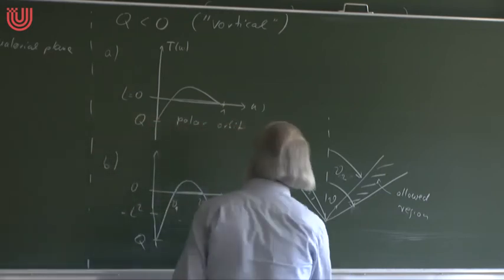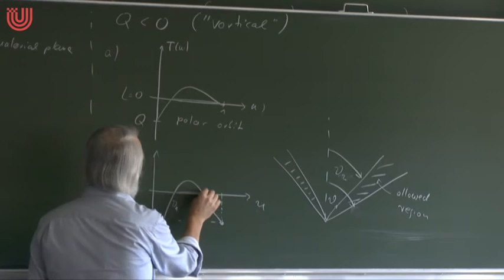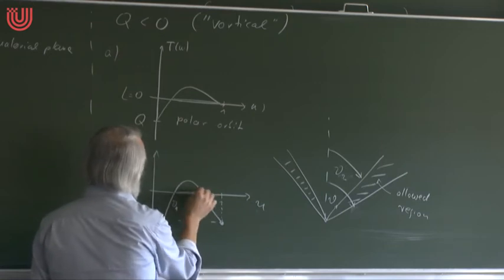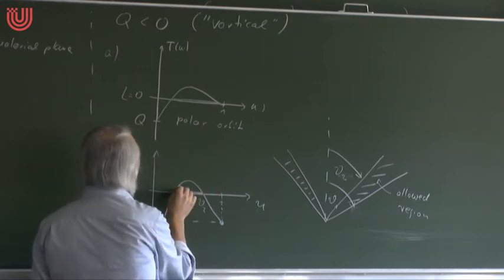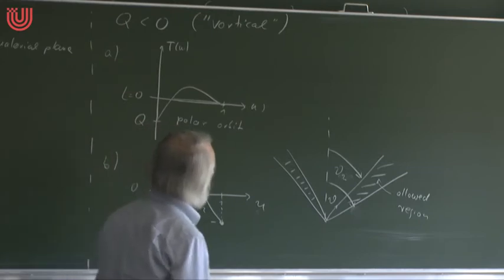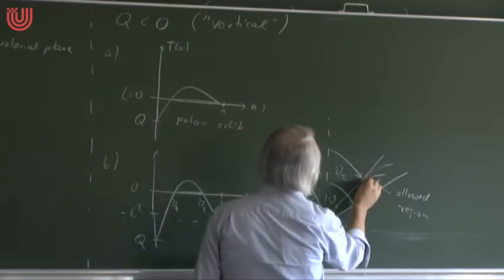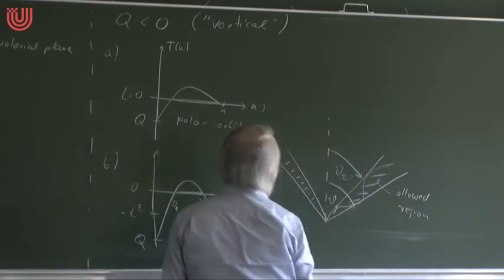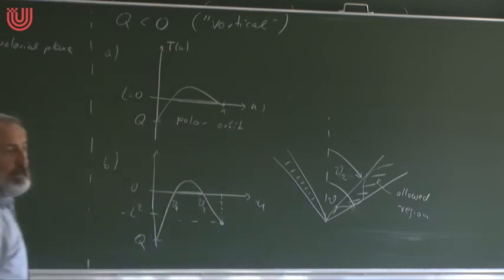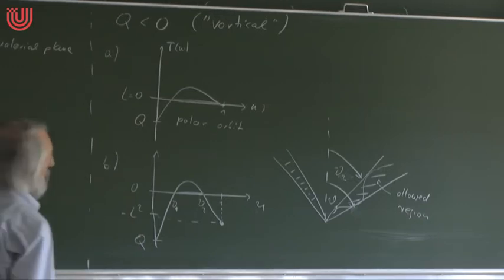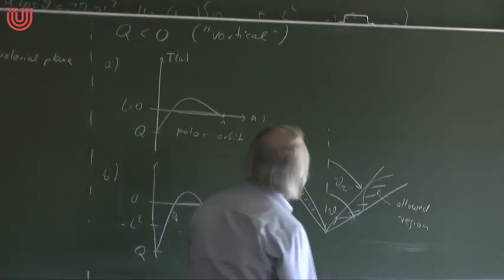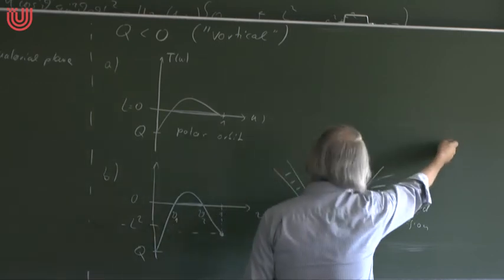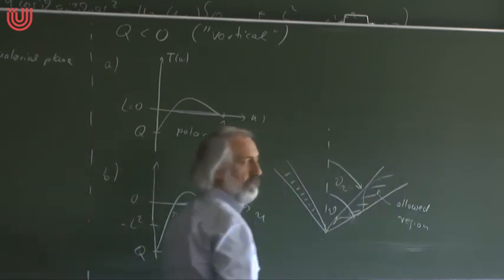It can touch the boundary. At this point, theta prime must be 0, so there's a turning point, and then it may touch the other cone, so it can perform a motion of this kind, between these two, and these are these famous vortical geodesics. So they could go through from big radius values to minus infinity.